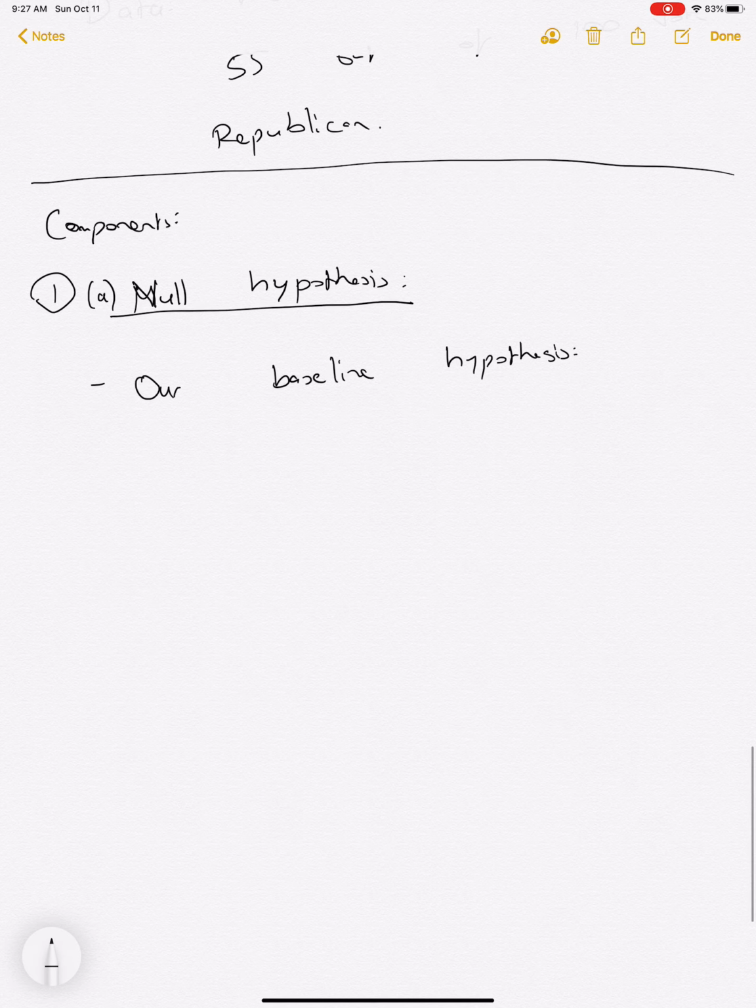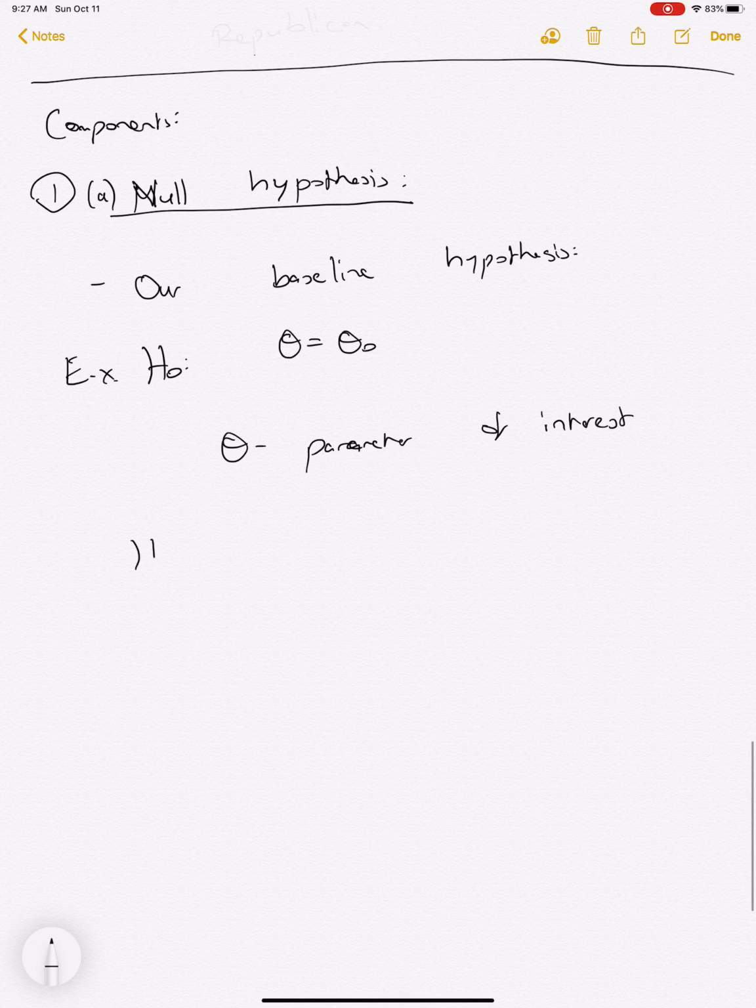I'm going to use the notation H naught for the null hypothesis, and that might be, for example, theta equals theta naught. Theta is the parameter of interest, and H naught says to fix theta equal to theta 0.